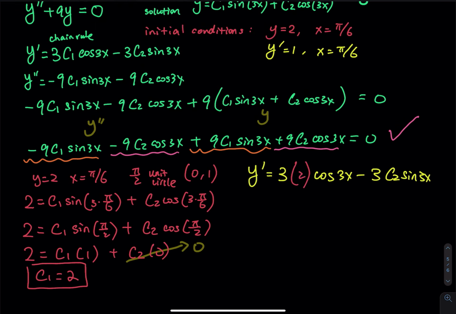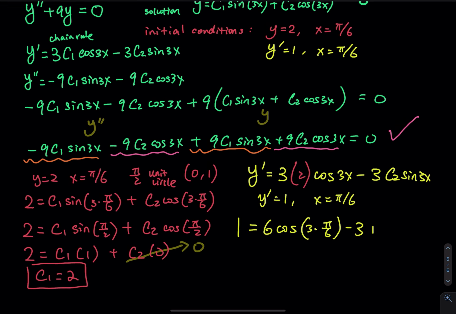All right, and then in this problem, we will have to use y prime equals 1 and x equals pi over 6. So we have y prime equals 1, and then 6 times cosine 3 times pi over 6, and then minus 3 times c2, that is what we have to find out, and then sine of 3 times pi over 6.